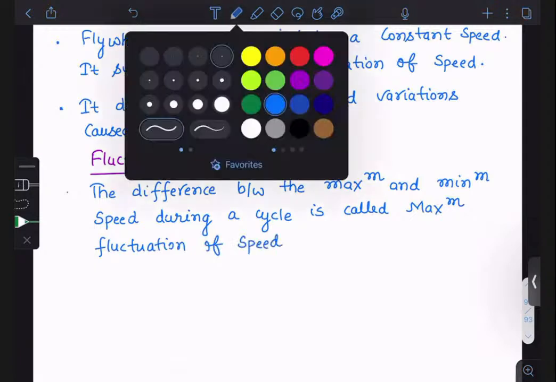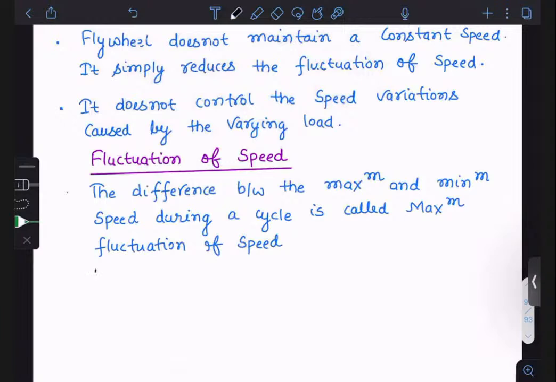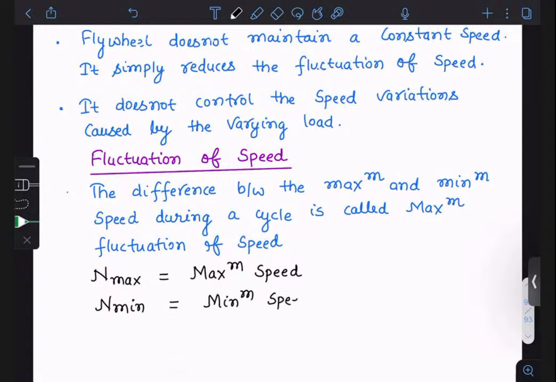Here you can write, my dear, N max is equal to maximum speed, N min is equal to minimum speed, right?